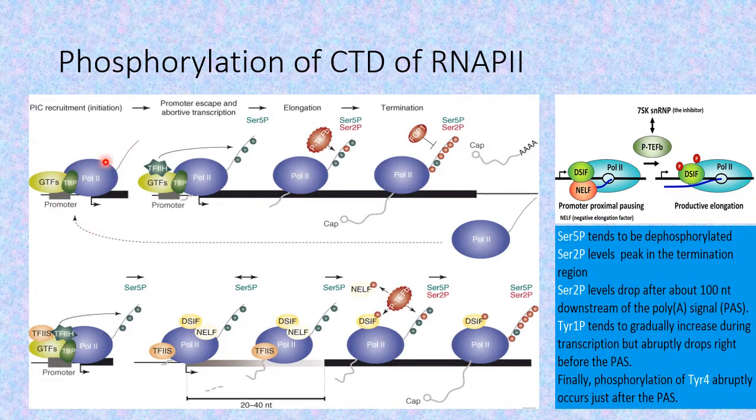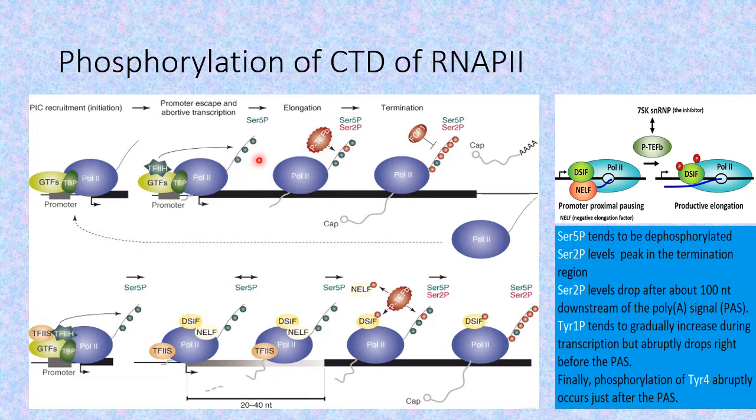Now, as we know, at the time of initiation of transcription in eukaryotes, a pre-initiation complex is formed by the various transcription factors at the promoter, and then phosphorylation of the C-terminal domain of this RNA polymerase takes place by the kinase activity of transcription factor second H. This phosphorylation is at the 5-serine of the CTD.